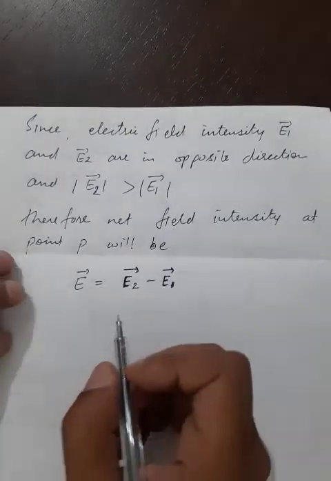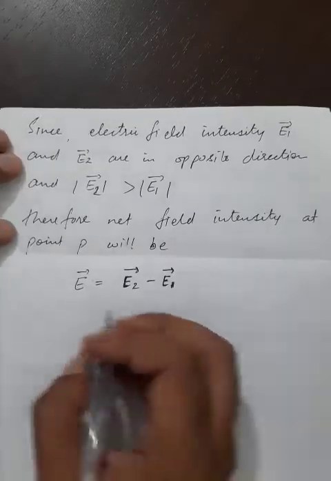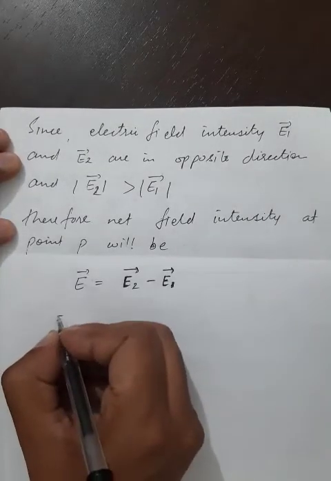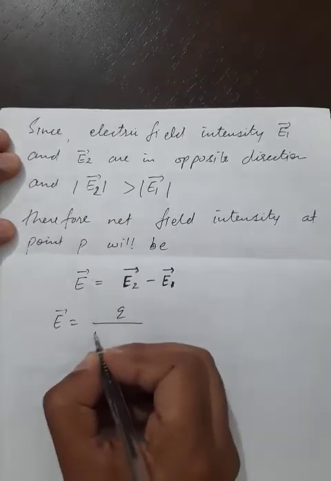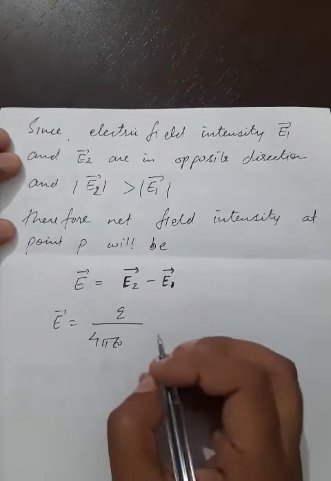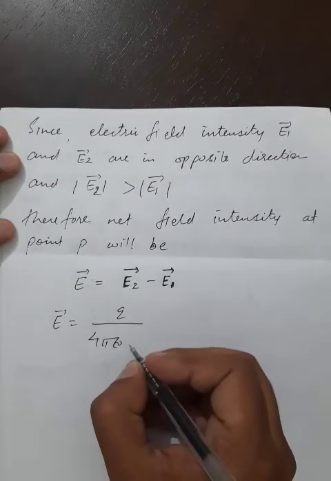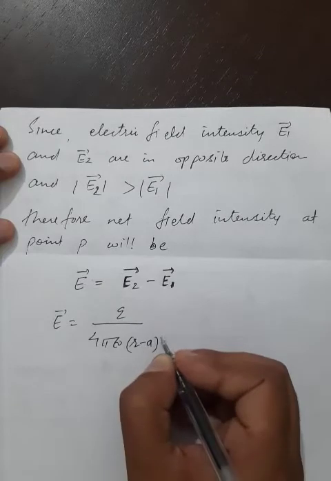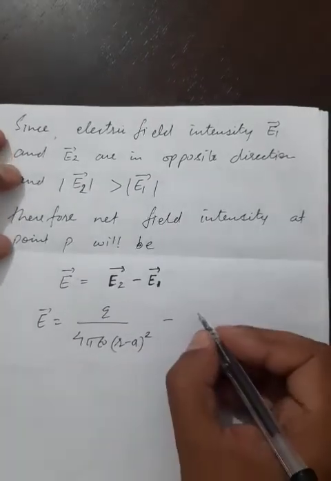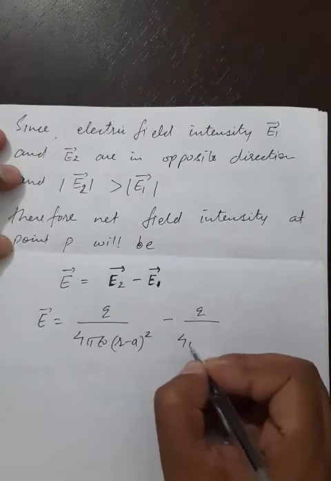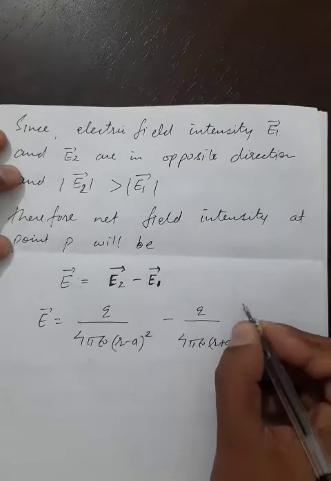So E, that is net electric field intensity at point P, will be the difference of these two. So therefore E is equal to, now E2 is Q over 4 pi epsilon naught (r minus a) square minus E1, that is Q over 4 pi epsilon naught (r plus a) square.